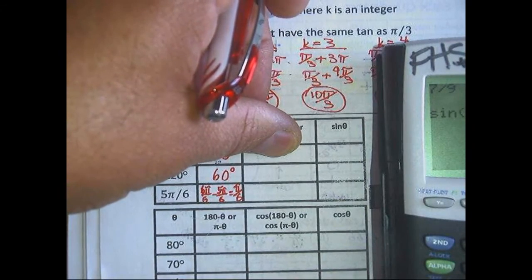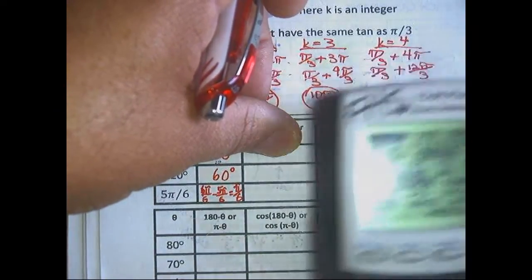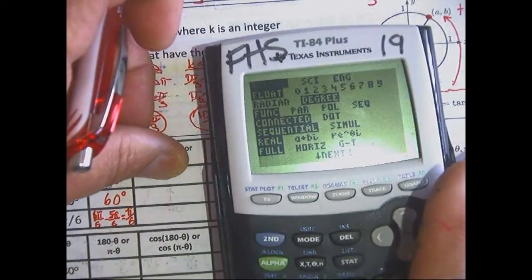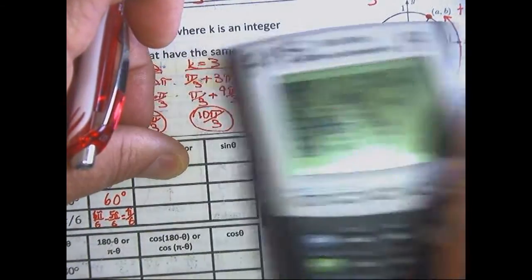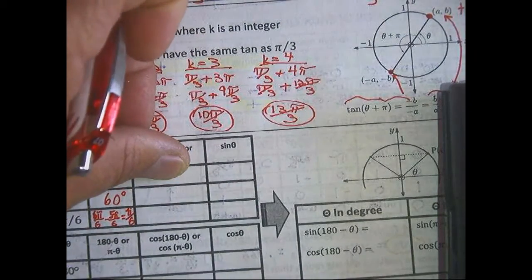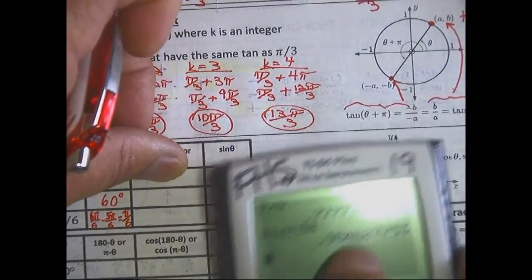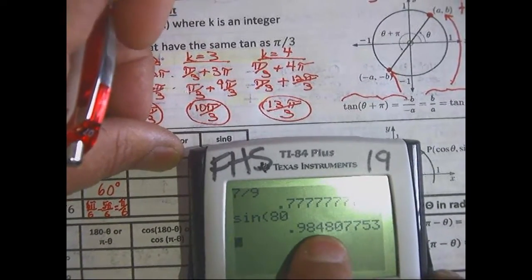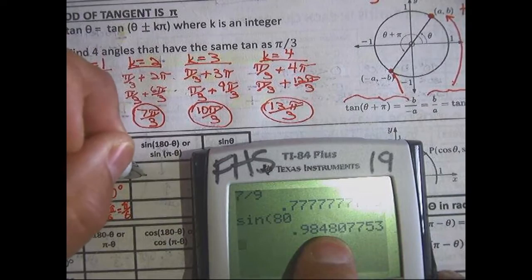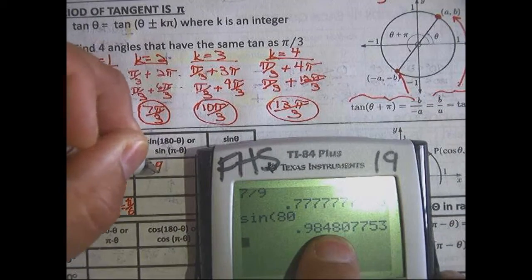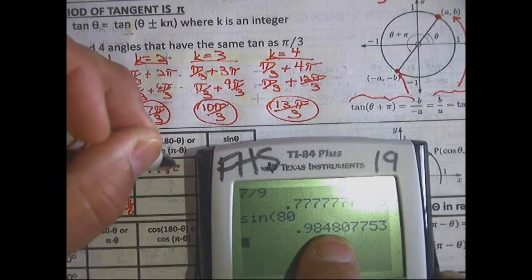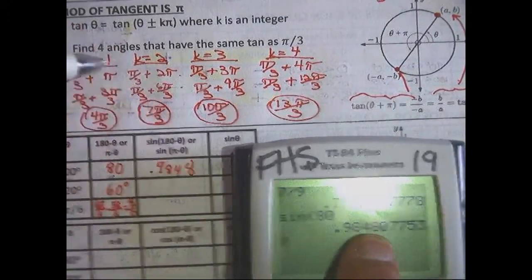Make sure you're in degrees. The sine of 80 is 0.9848.